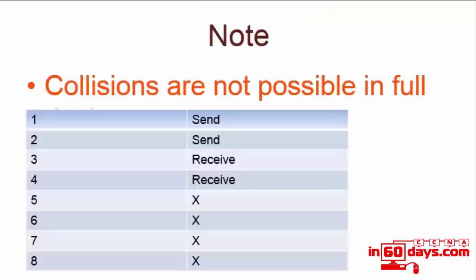Now I've numbered the wires that you'll see on most category 5 and above cables from 1 to 8. I haven't put the correct send and receive channels with the correct cables, I just wanted to illustrate why collisions aren't possible with full duplex mode.